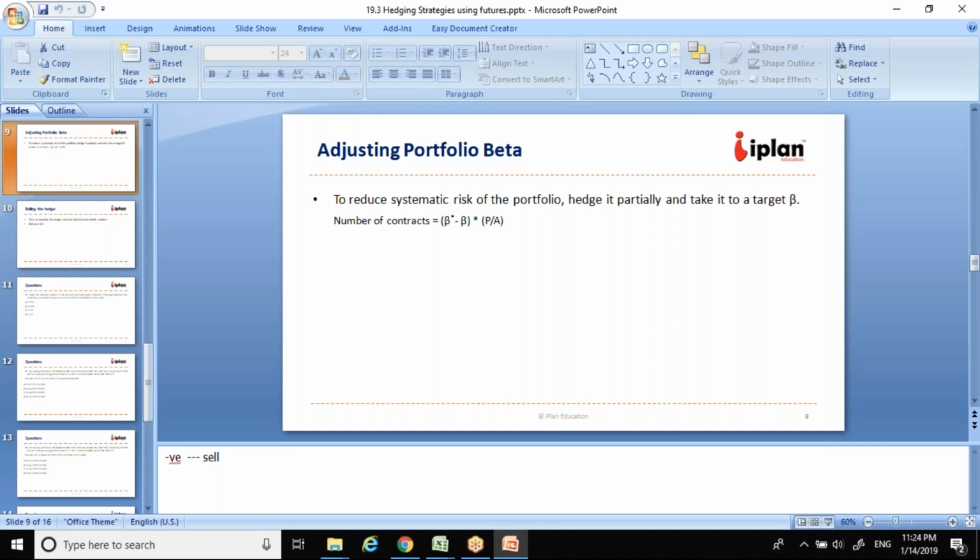Now this is a concept where we are trying to adjust the portfolio beta. So systematic risk is normally either reduced by adjusting the portfolio beta. So what we basically do here is increase or reduce the number of contracts based on adjusting to the target beta.